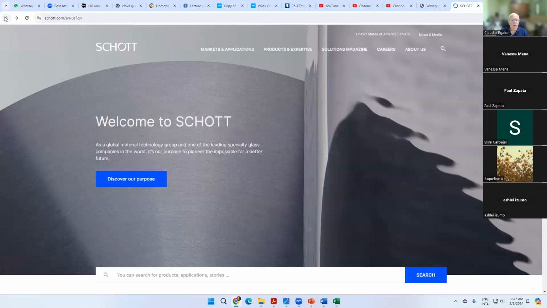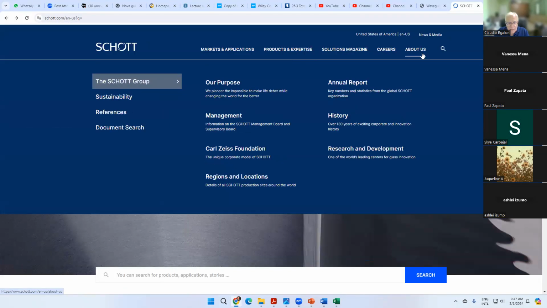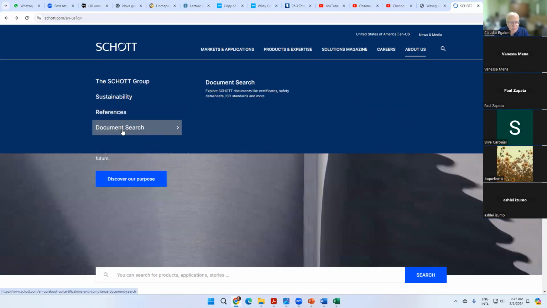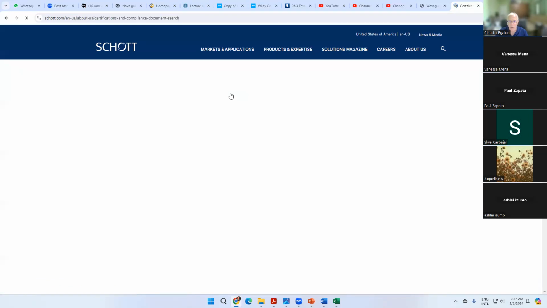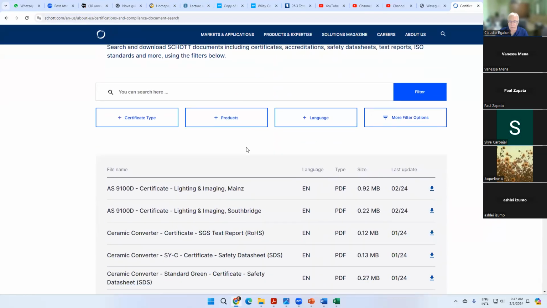Markets and application, products, solutions, magazine. Yeah, they have sustainability, document search, must be here. Safety. Let's see, maybe it's here. If I don't find it here, we move elsewhere, okay?